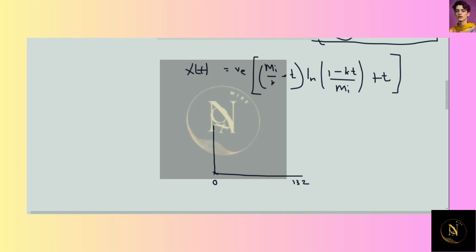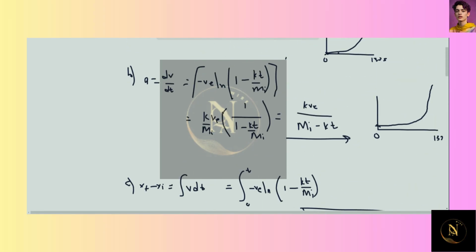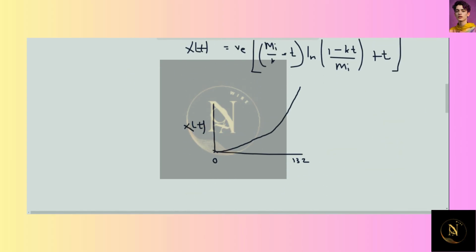And then this thing just increases. It increases in the same manner, but this natural log function dominates. So you will see something that looks like a natural log going up, and this would be your position versus time graph for that problem.